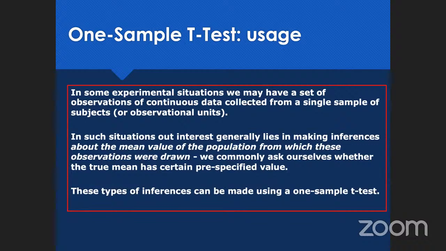So in the case of a one-sample t-test, in some situations we may have a set of observations of continuous data that were collected from a single sample of subjects or even a single observational unit.